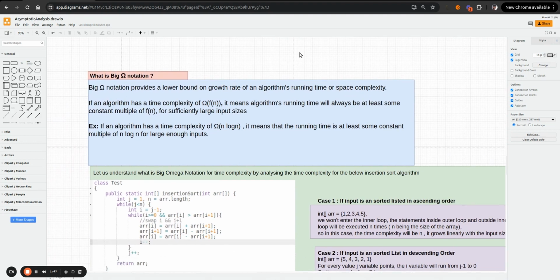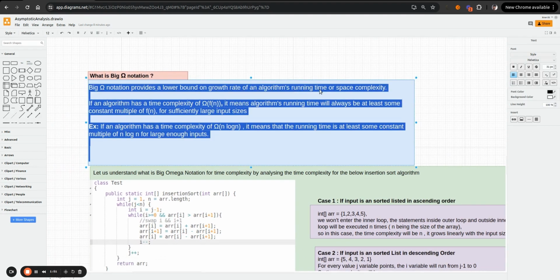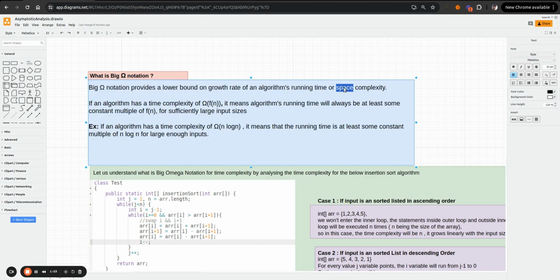We analyze algorithm efficiency in terms of time complexity or space complexity. We are not interested in finding the exact concrete values of how much running time an algorithm takes, but instead we want to find the growth rate of time complexity or space complexity as the input size progresses.